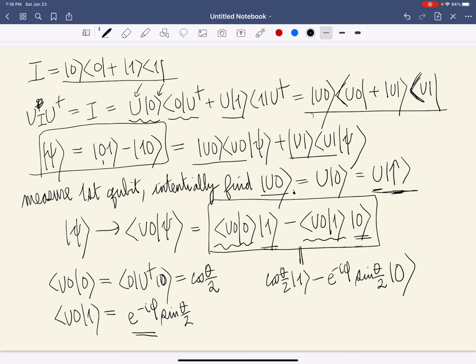Okay, but after some more calculation, you can also find that this is the same as the u acting on the 1 state, which is the spin down state. Okay, so going from here to here is just some mathematical check.